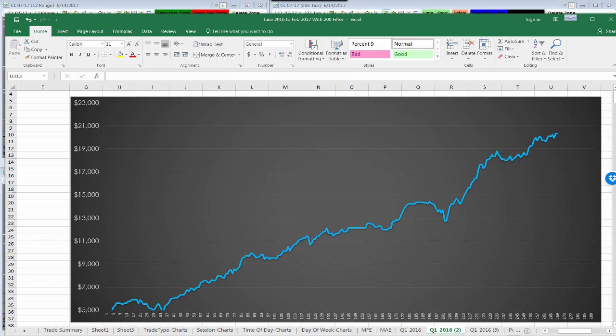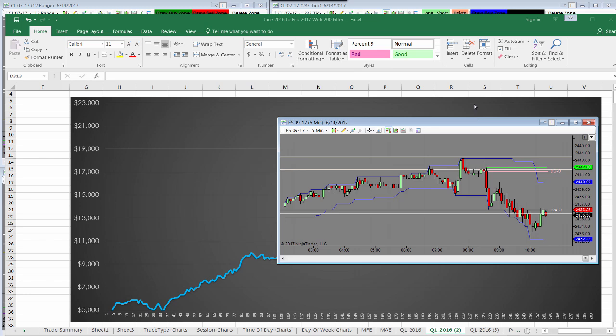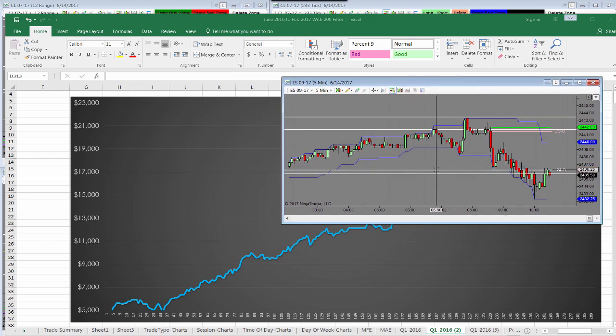Now, I want to show you all something. I mentioned using 60-minute charts and using a 5-minute chart for my entries. These white lines that you see represent 60-minute areas of support and resistance. This morning on the ES, we were trading right into some resistance on the S&P 500.